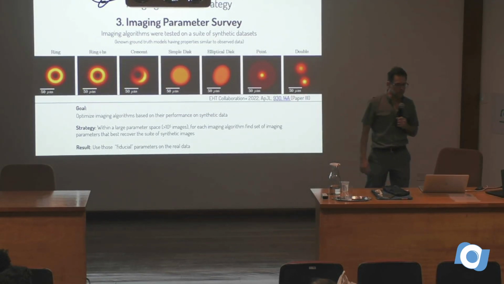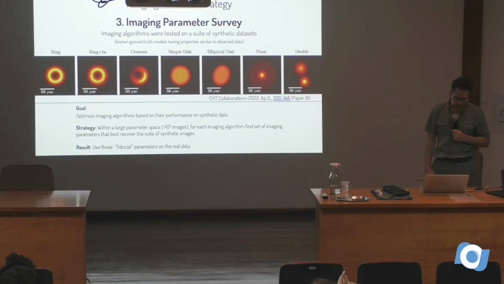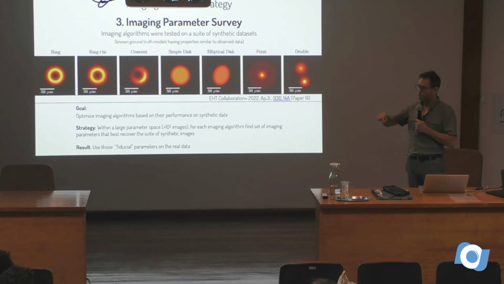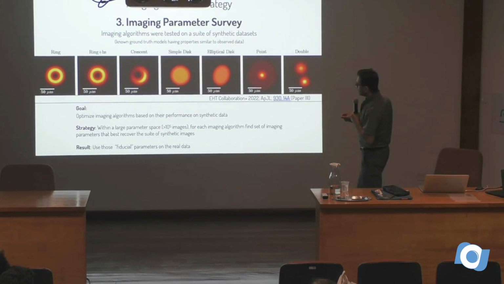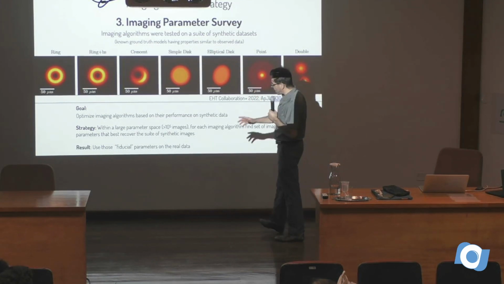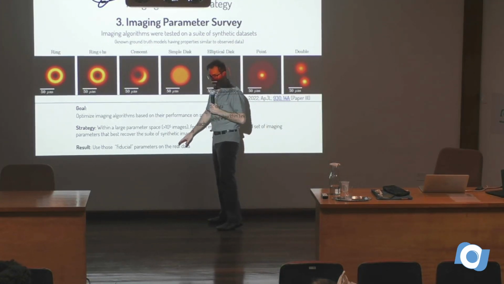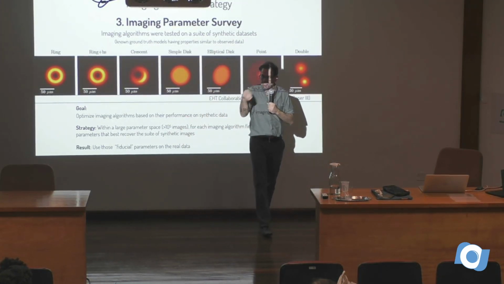This was a good exercise because it allows you to see the dependence of your images on your assumptions, okay? But not only that, it also allows you to select fiducial parameters, top-set parameters we call them, as input parameters in these imaging pipelines.